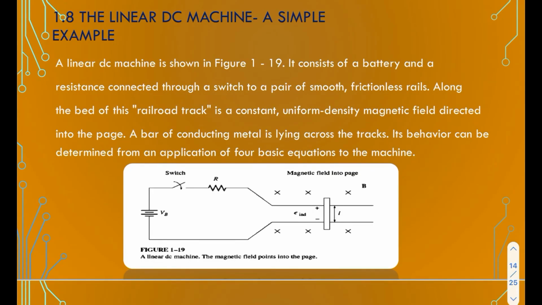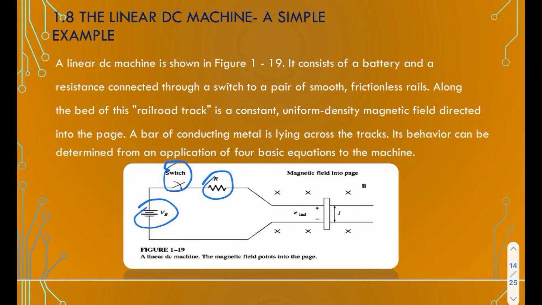Now the last section in this chapter, 1.8, the linear DC machine as a simple example. A linear DC machine is shown in figure 1.19. It consists of a battery and a resistance connected through a switch. This is the battery, this is a switch here, and we have a resistor here.